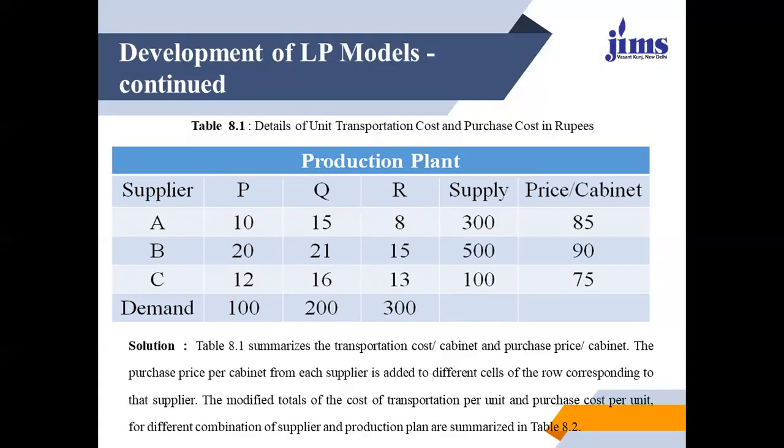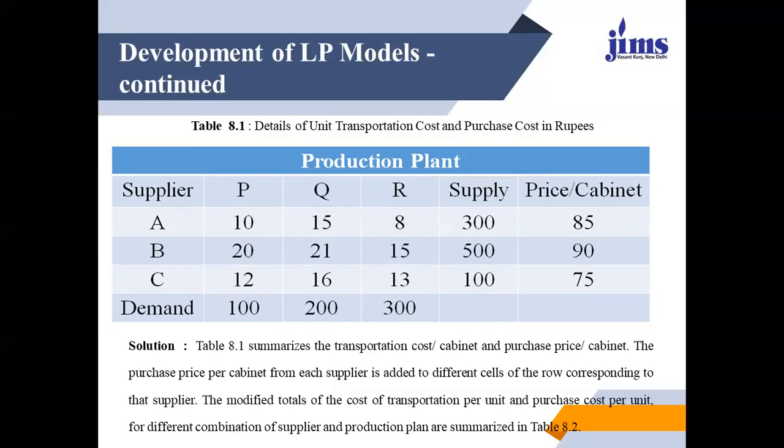Similarly, the cost of transportation from supplier C to destination P, Q, R are given as 12, 16, and 13. And the total supply limit of supplier C is limited to 100, and the cost per cabinet is rupees 75. Weekly demand at the production centers P, Q, R is limited to 100 units, 200 and 300 units.